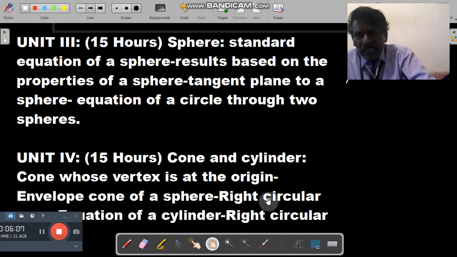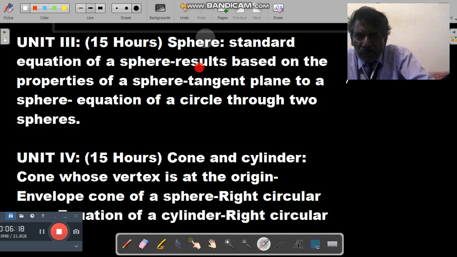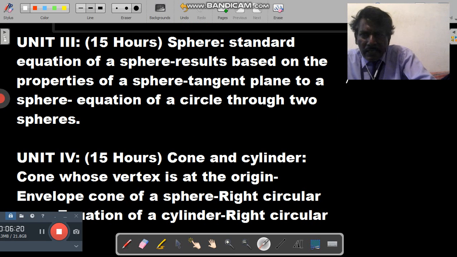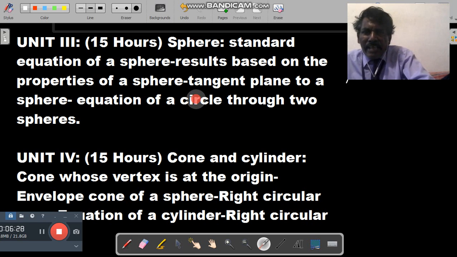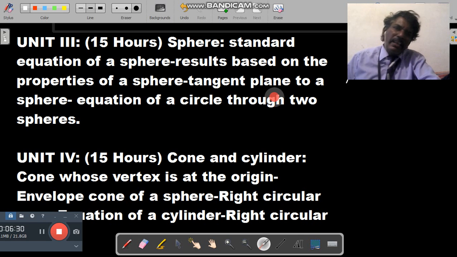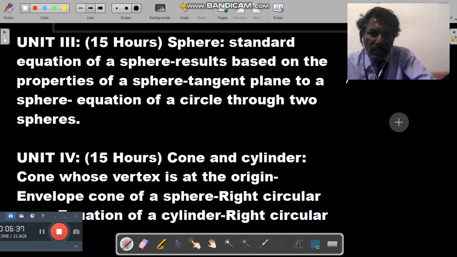The sphere is a three-dimensional figure. We will derive standard equations and results based on the properties of a sphere, then the tangent plane to a sphere. What are the equations of that? That's what we are going to study.